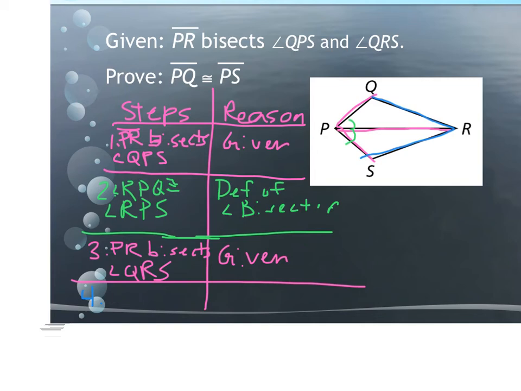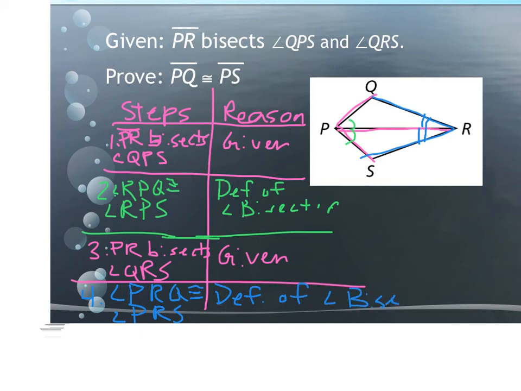We're cutting the angle in half, not the segment. So we have two congruent angles. So angle PRQ is congruent to angle PRS. And that's the definition of angle bisector. Yes, definition of angle bisector again.